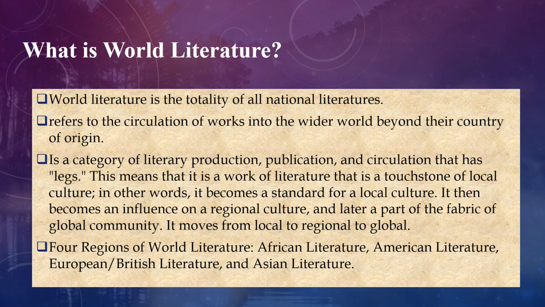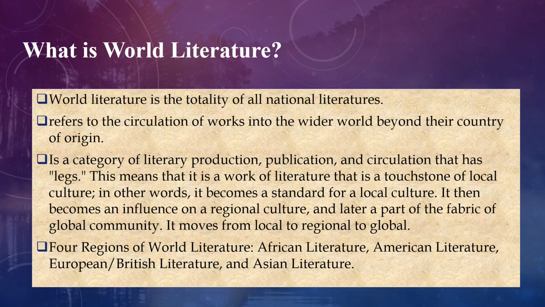It is a category of literary production, publication, and circulation that has legs. This means that it is a work of literature that is a touchstone of local culture, or in other words, it becomes a standard for a local culture. It then becomes an influence on a regional culture and later a part of the fabric of the global community. It moves from local to regional to global.